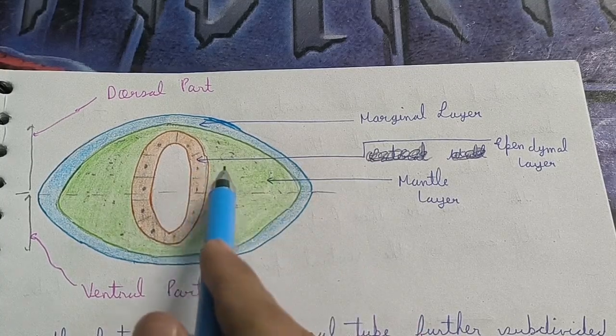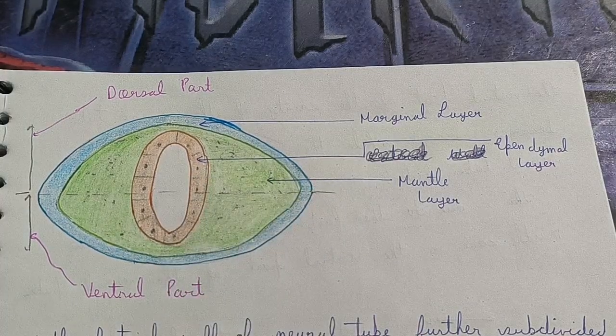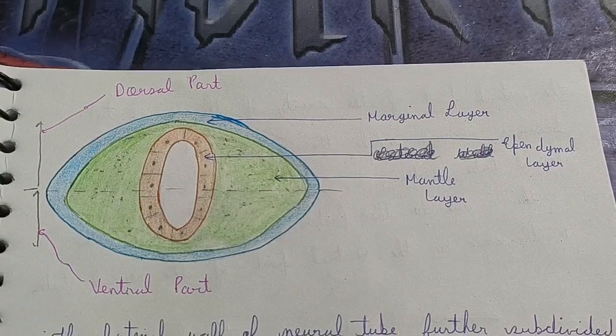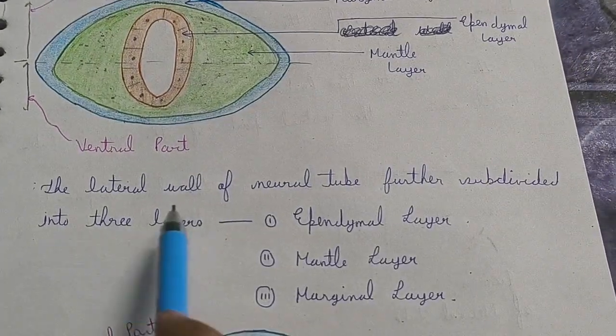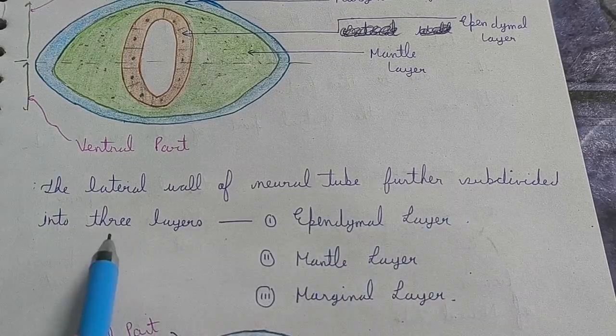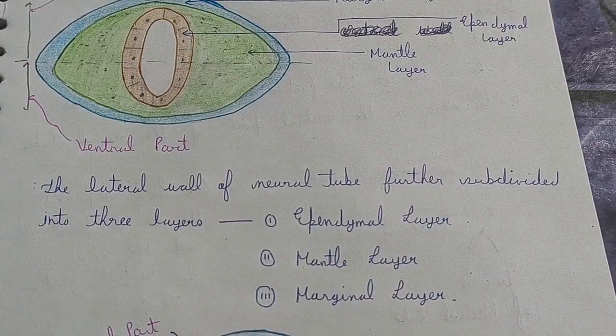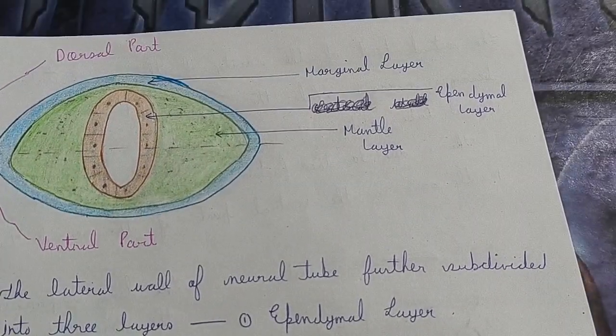So ependymal, mantle and marginal are the layers of the lateral wall from inside to outside. Therefore I have written that the lateral wall of the neural tube is further subdivided into three layers: ependymal layer, mantle layer and marginal layer. Now this is the initial diagram.